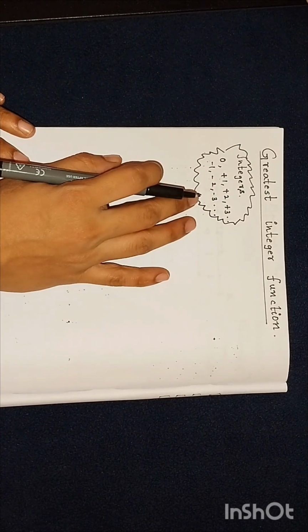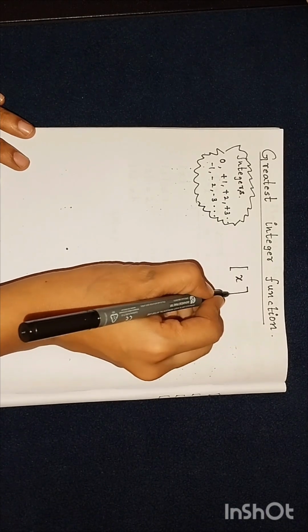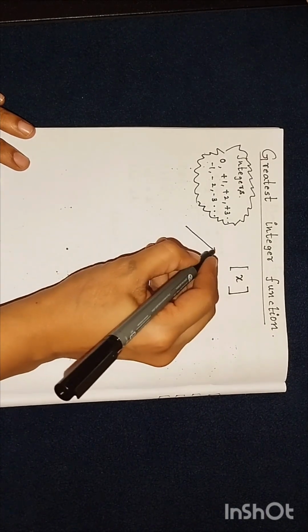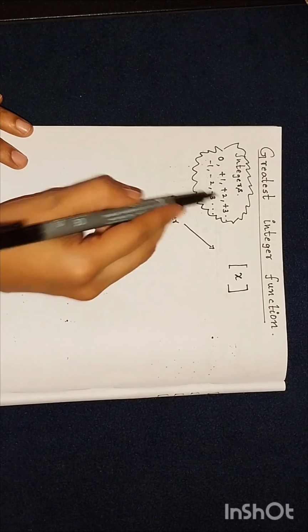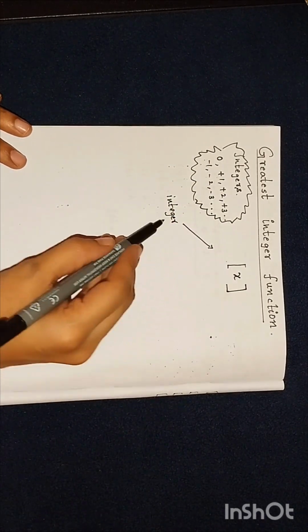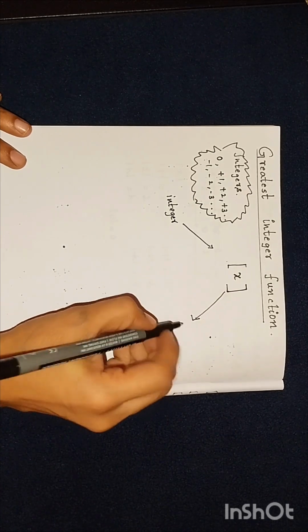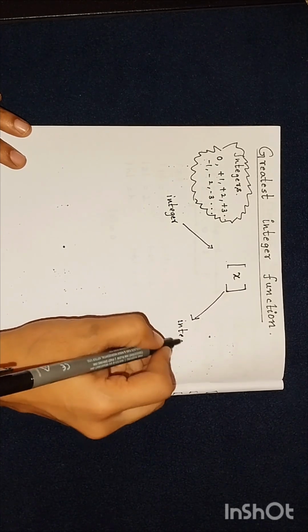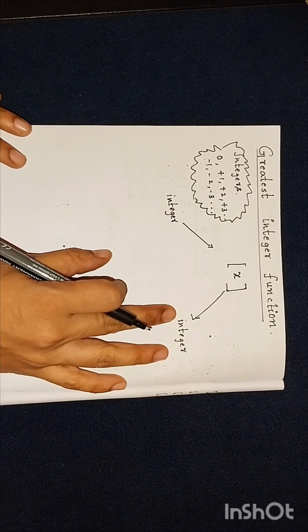So how does the greatest integer function work? If you supply an integer to this function as an input, then the output from this function will happily give you the same integer.